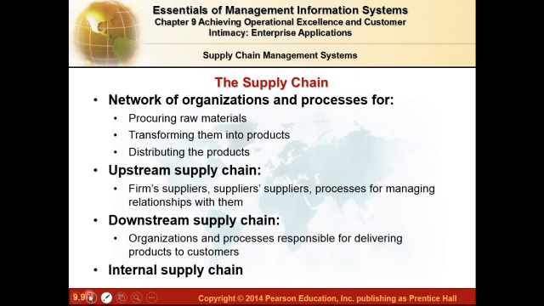The supply chain. Okay, before we go to the supply chain, I want to conclude about the enterprise system. In short, enterprise systems force a company to fully integrate all business processes.